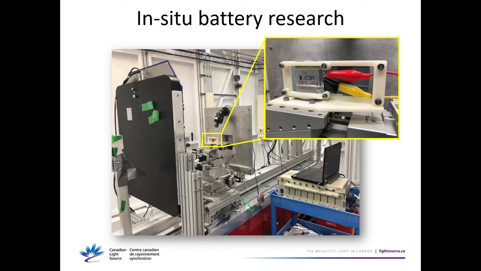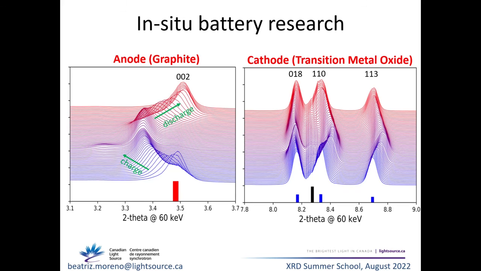So we can do X-ray diffraction experiments and see what's going on with the cathode and anode materials during the cycling. So we put that voltage up and down, and you can see the anode material peak changing and the cathode materials changing. So this allows the scientists to investigate their materials and hopefully make them better.